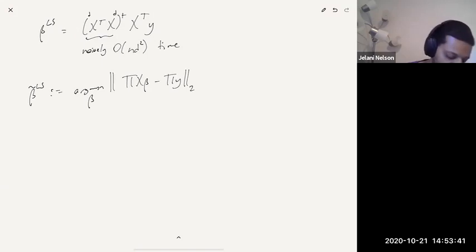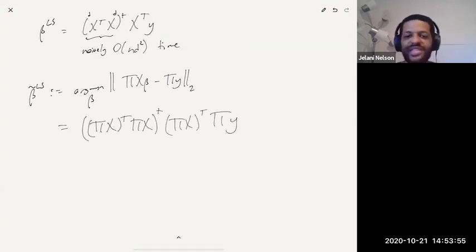And for the same reasoning, this is going to be equal to pi X transpose pi X pseudo inverse pi X transpose pi Y. I know that sounds like a mouthful, but that's what it is, based on the same thing we said last time.